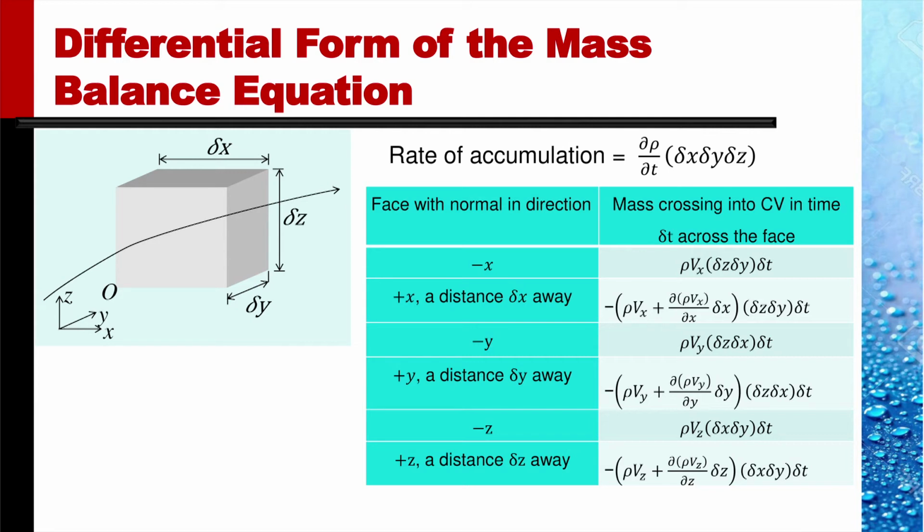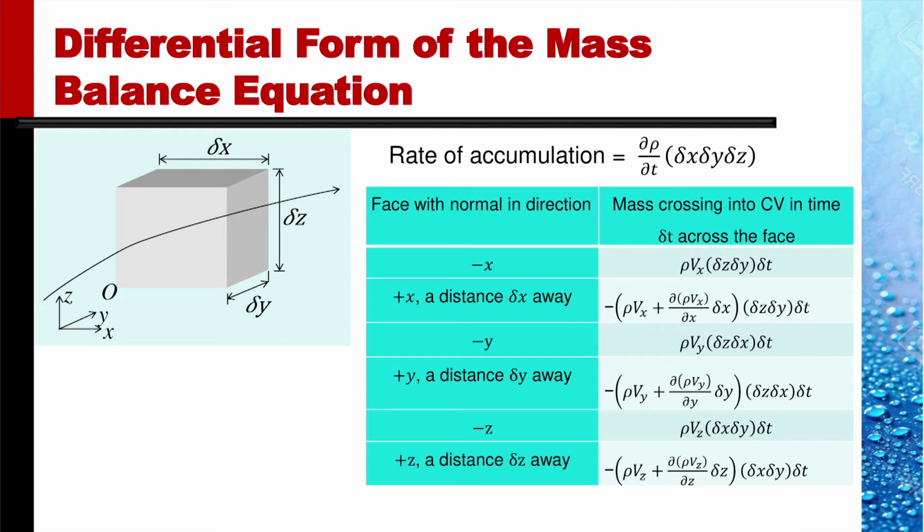And what is the rate at which the mass is crossing this control surface in time delta t across this face? It is the density rho Vx times the area, which is dz into dy, and times delta t.